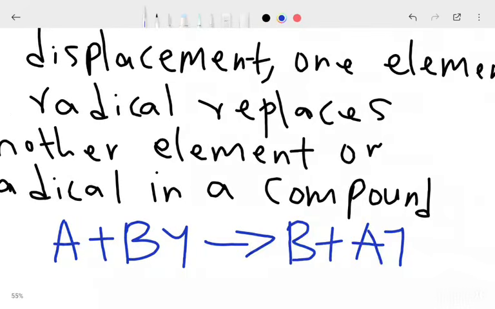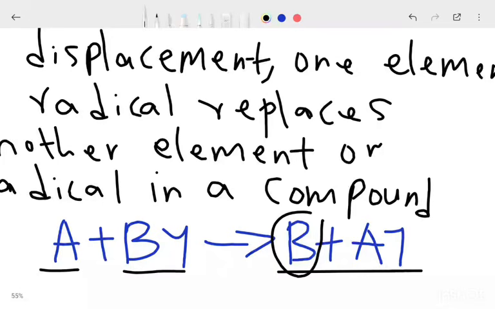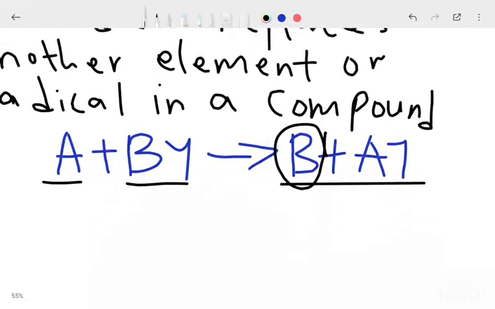We notice that here we have BY, isn't it? We have only A here. So from the product, we see that A has replaced B, isn't it? Now it's B that is standing alone. Look at it, B is standing alone. So A has replaced B. So this is the meaning of displacement reaction.